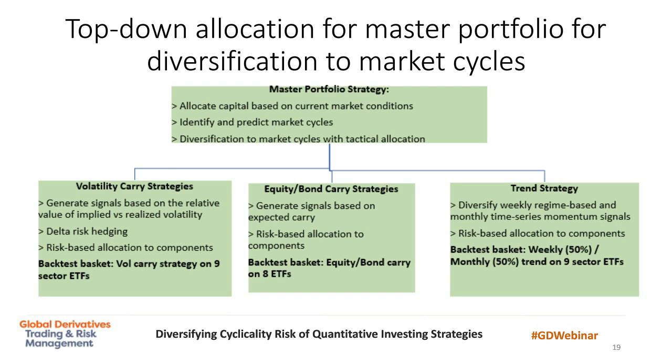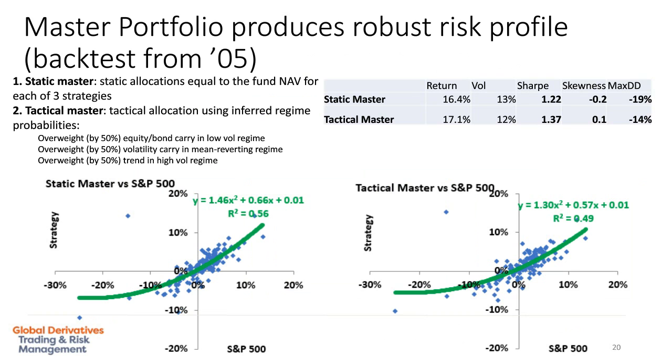Each strategy has its own risk allocator for rebalancing, but on top we have a master portfolio that will try to dissect market regimes and also do tactical allocation. I have practiced this type of master strategy since 2005.